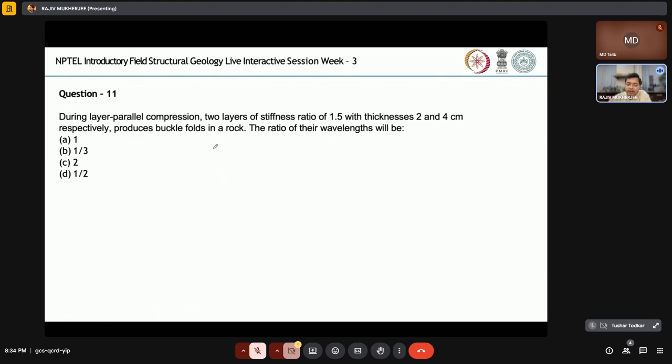So in order to determine what will be the ratio of their wavelengths, we have to apply the Biot's formula, which generally takes into account the viscosity contrast of the competent and the incompetent layer and their amplitude and thickness. And generally we write the Biot's formula.